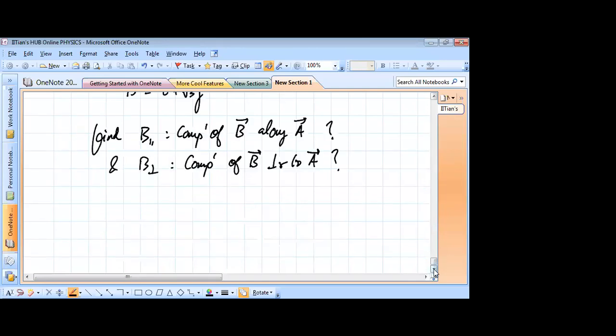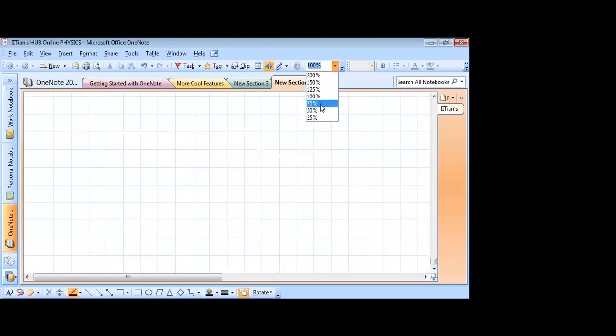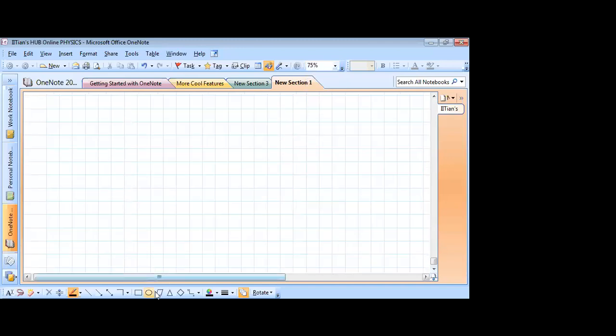So what you have to understand here is that supposing this is my vector A and this is my vector B. And first of all, what I'm trying to do here, let's understand that. I'm trying to find out this component as a component parallel to A. So that is B parallel.